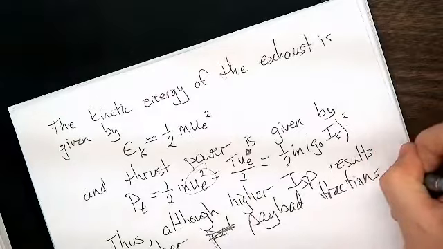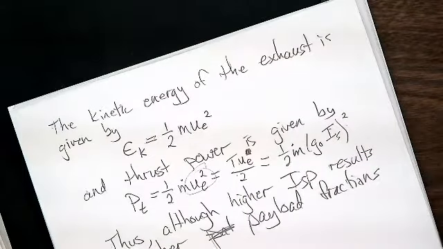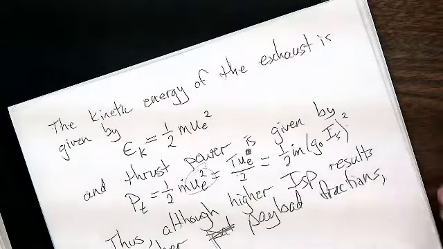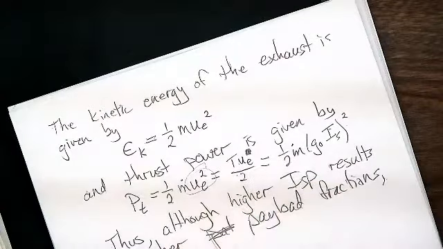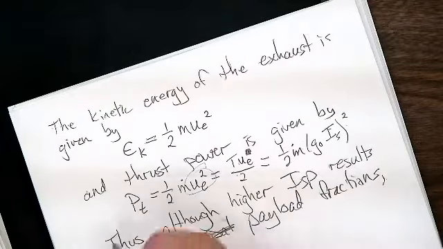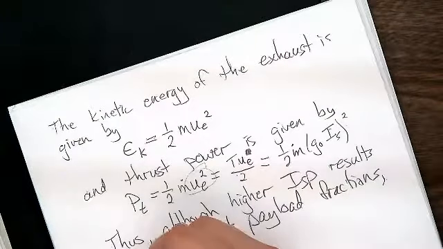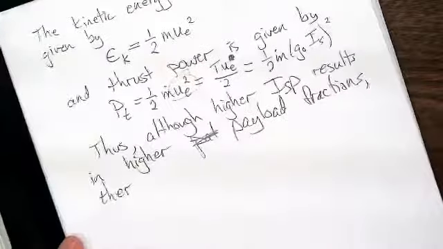Okay, so we last time showed that we get higher payload fractions from higher ISP. The drawback is that there is a significant power penalty.